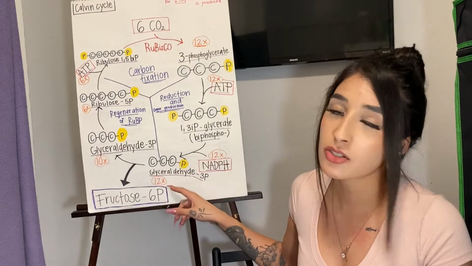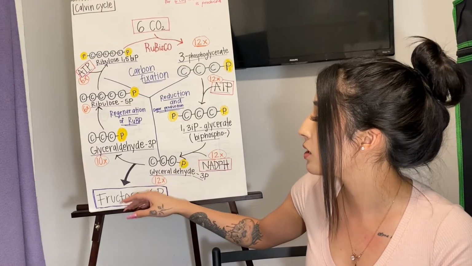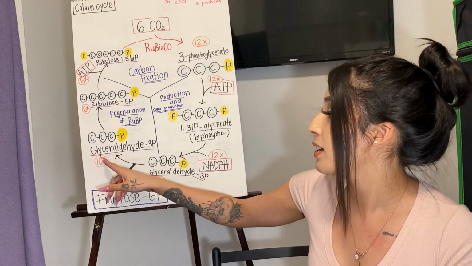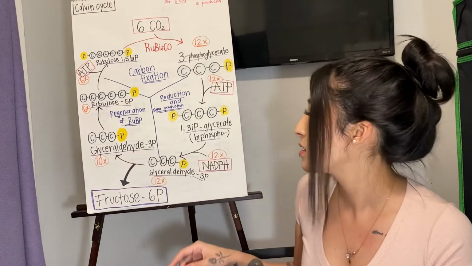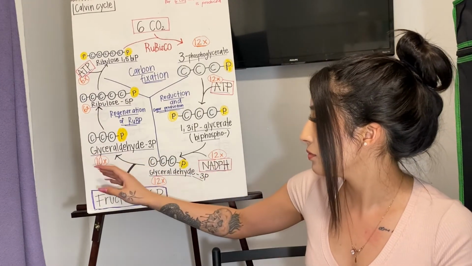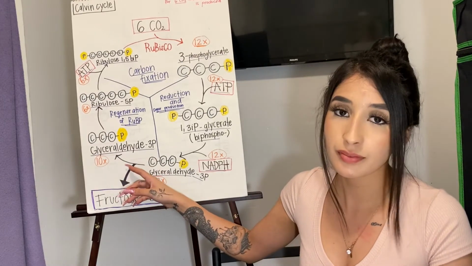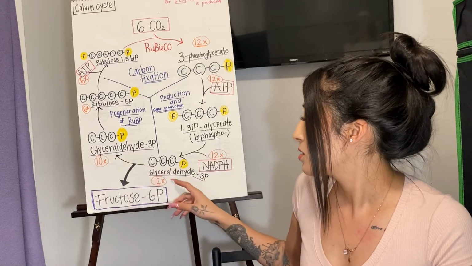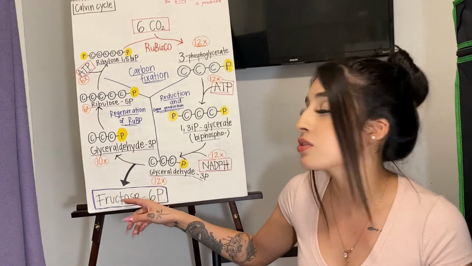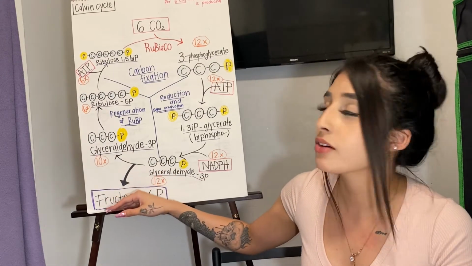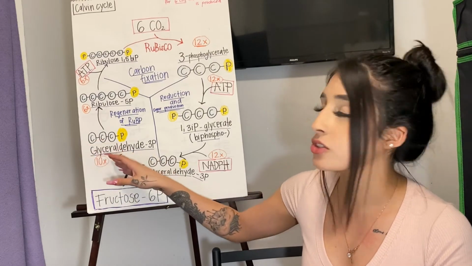12 of these glyceraldehydes get broken down into 1 fructose and then 10 glyceraldehydes. Two of these glyceraldehydes were used and 1 fructose came out here, and now we have glyceraldehyde.